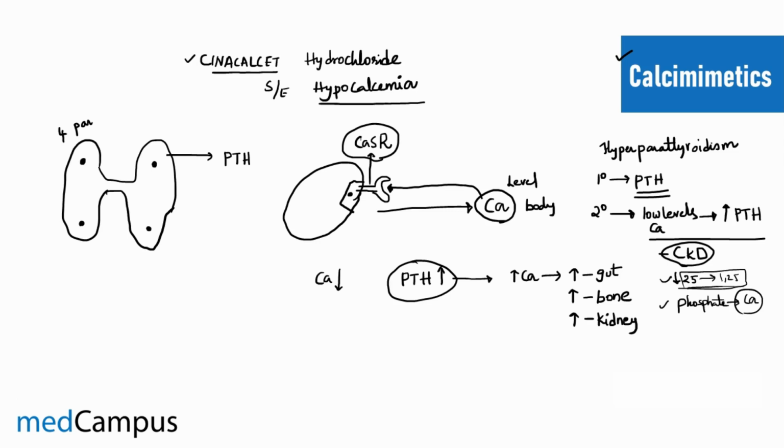All these things, decreased levels of vitamin D and metastatic calcification, lead to low levels of calcium in the blood. This hypocalcemia is detected by calcium sensing receptors and they start releasing PTH, parathyroid hormone. Now you know what primary and secondary hyperparathyroidism are.